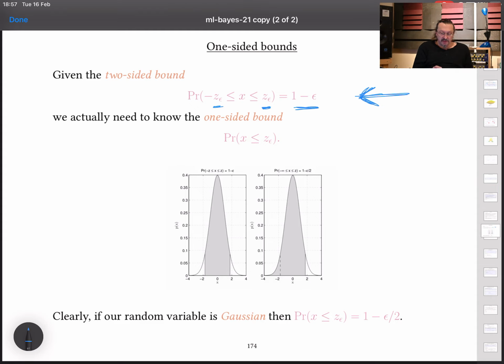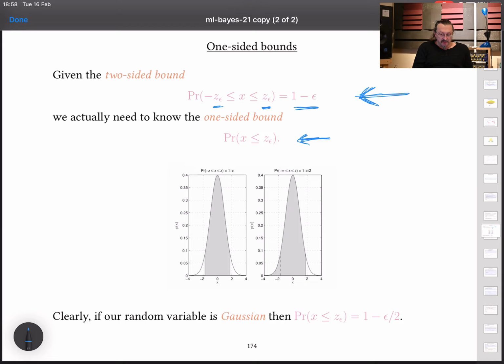What we're now talking about is a one-sided bound that looks like this. Okay, so we've just thrown away one of the inequalities. And because the normal distribution is nice and symmetric, we can convert between one possibility and the other very easily indeed.